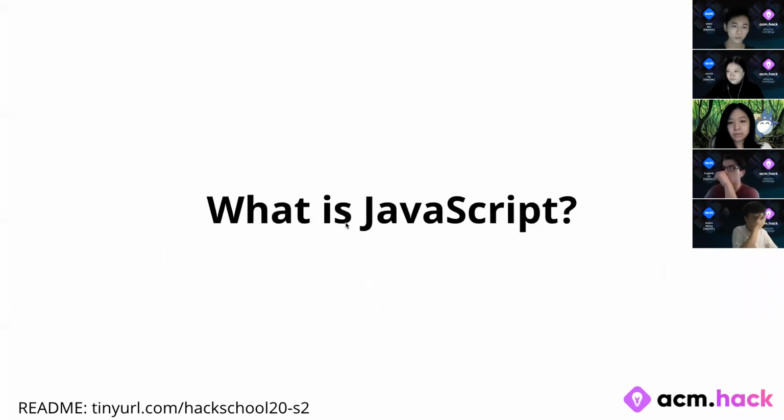So first off, what is JavaScript? JavaScript is just a programming language. If you want to get technical, I guess it's a scripting language. We call it the language of the web because all the functionality on any website you're on is coded in JavaScript.